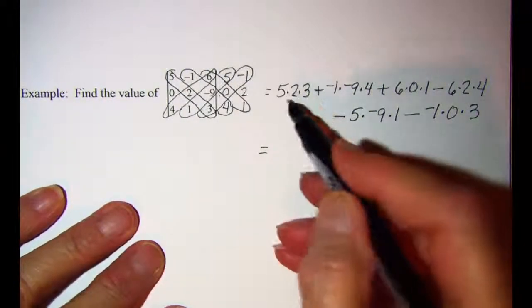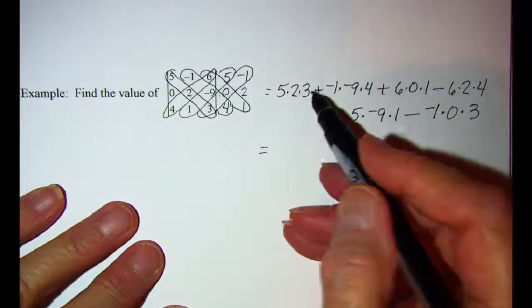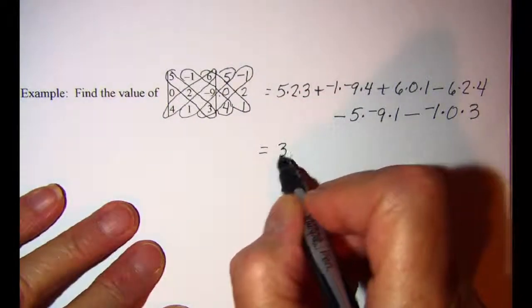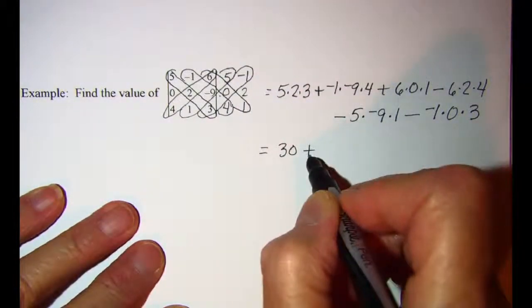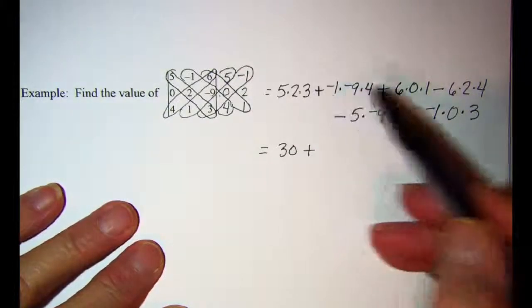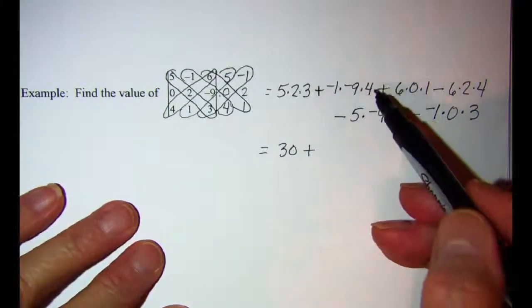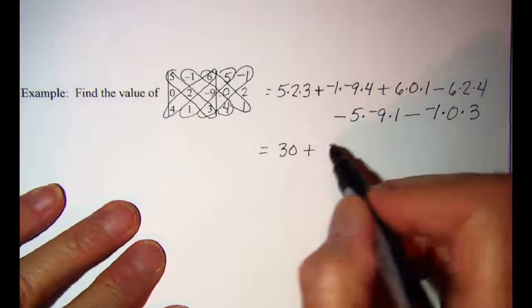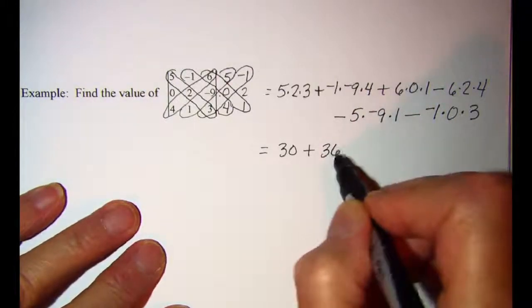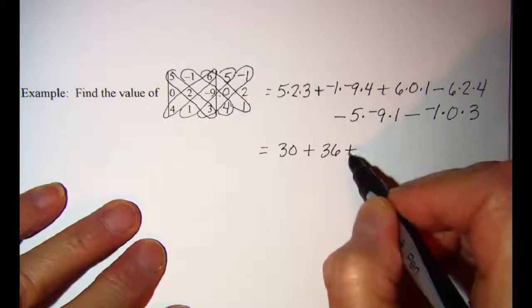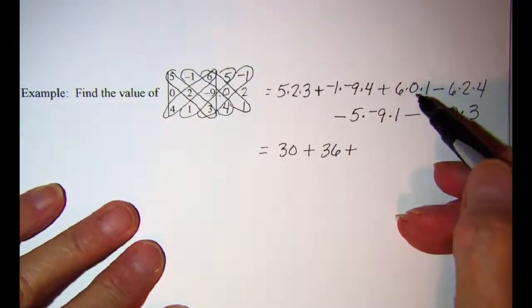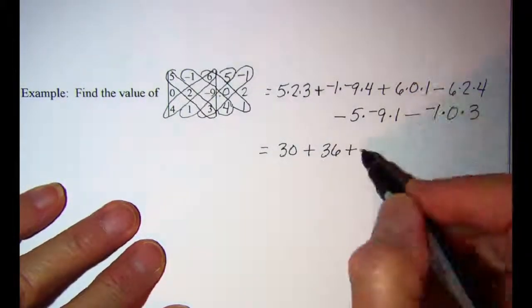So we have 5 times 2 times 3 is 30, plus negative 1 times negative 9 times 4 is a positive 36, plus 6 times 0 times 1, 0.